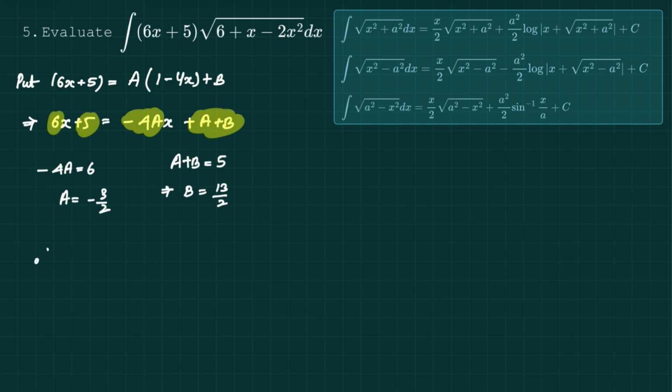So therefore 6x plus 5 can be written as minus 3 by 2 (1 minus 4x) plus 13 by 2.